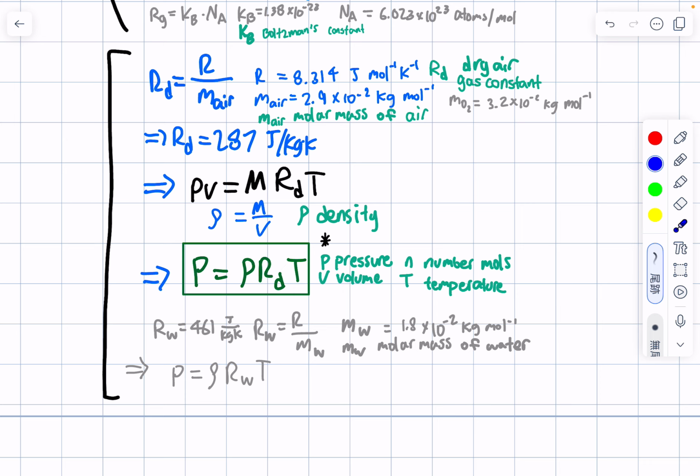That means that as temperature increases, pressure will actually increase more because the constant multiplied by temperature is larger. And that will give us the equation P is equal to rho Rw T for the ocean system. And so we can have things going on in this ocean system that affect the system above in the atmosphere.